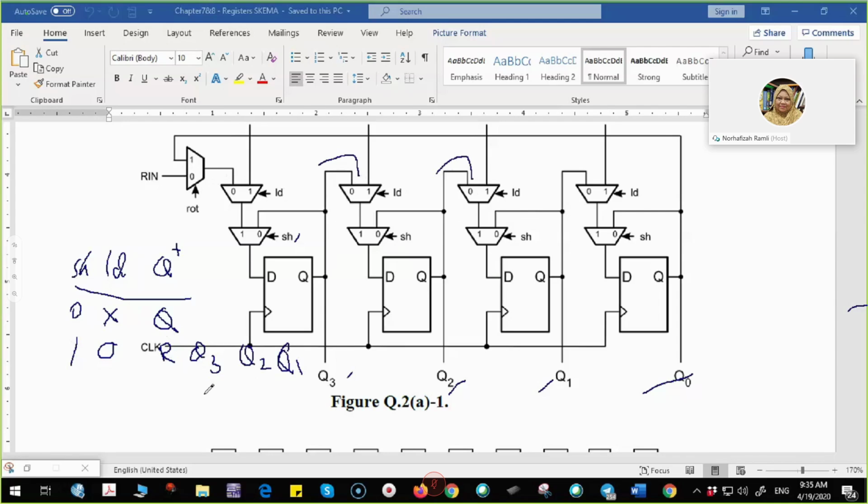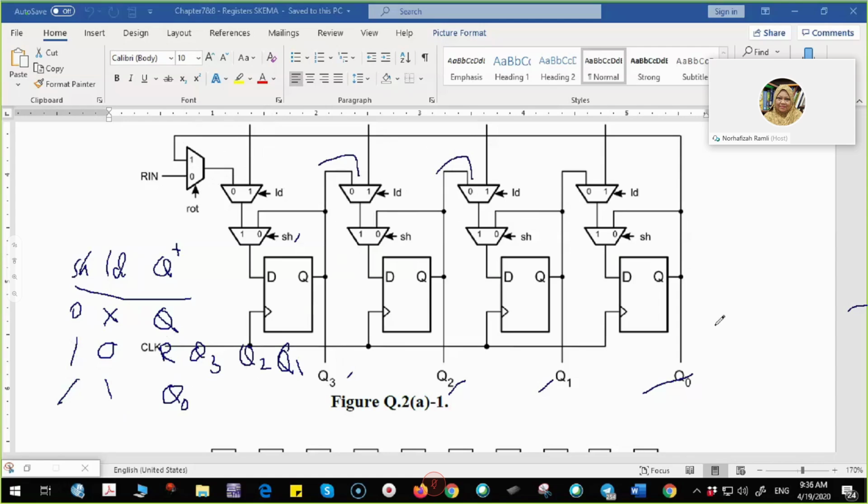So that means this is shift right. And if it's 1 1, forget it. If it's 1 1, that means it will take data from here. So this one will be starting from Q0, and then this one will take from Q3.